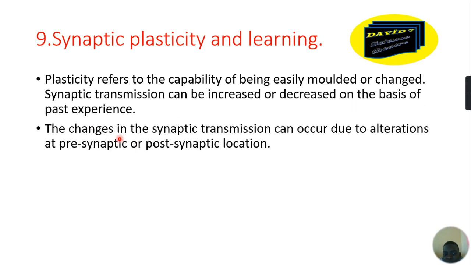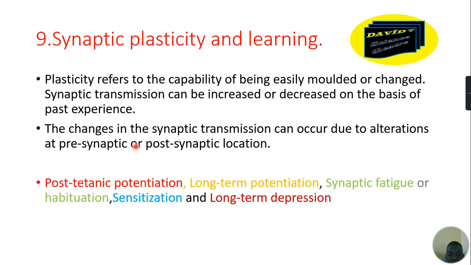So the changes in synaptic transmission can occur due to alteration at presynaptic or postsynaptic sites, at one or both levels. These alterations include post-tetanic potentiation, long-term potentiation, synaptic fatigue or habituation, sensitization, the opposite of fatigue, and long-term depression.